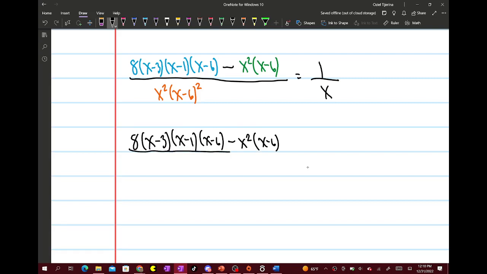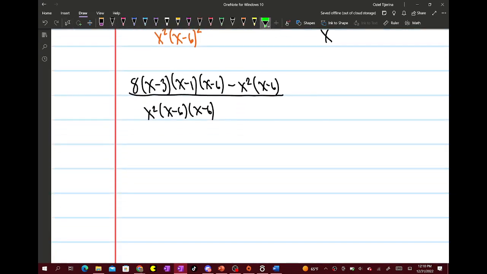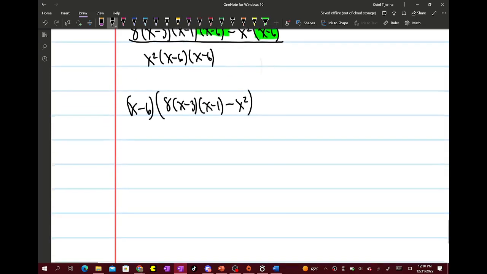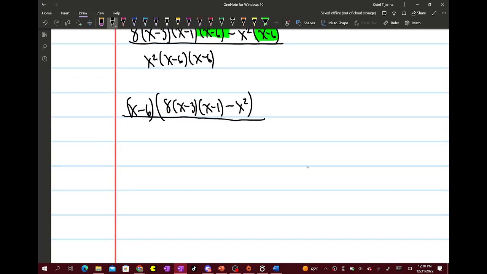So this is going to give you (x minus 6) times the quantity 8 times (x minus 3) times (x minus 1), minus x squared, and then it'll be all over x squared times (x minus 6) times (x minus 6).